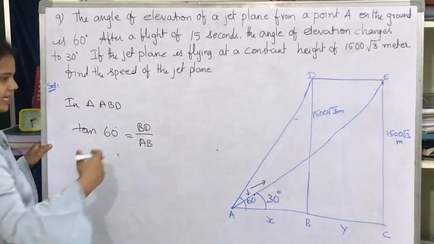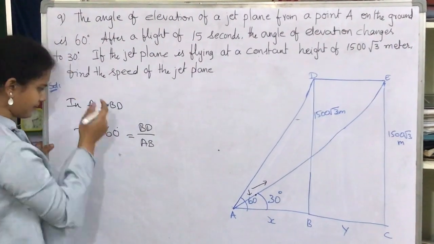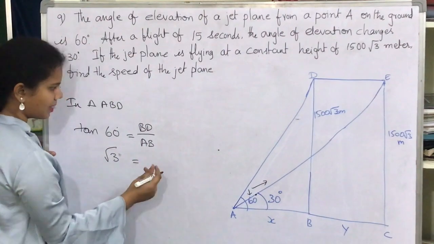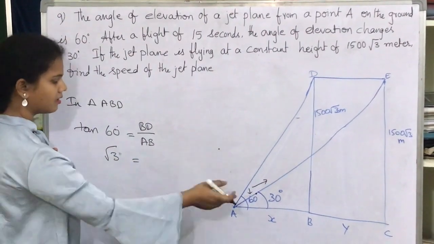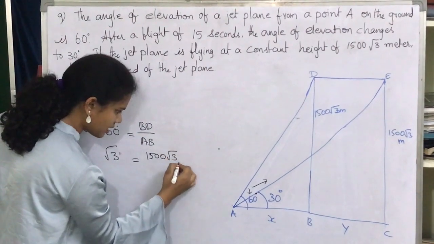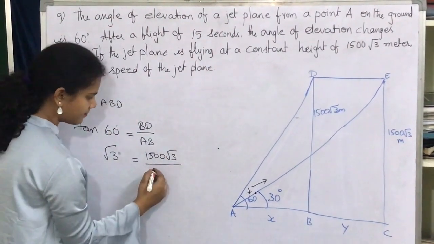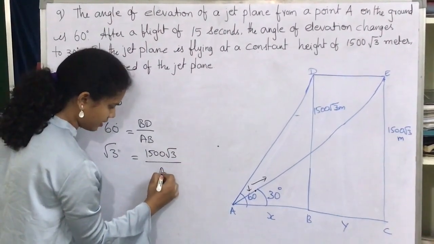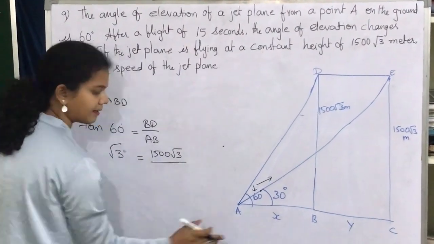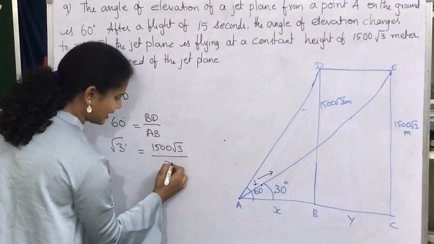Okay, opposite side is BD and adjacent side is AB. Now tan 60 degrees, which is root 3, equals BD, which is 1500 root 3 meters, and AB. As we have taken AB as x, just write x.